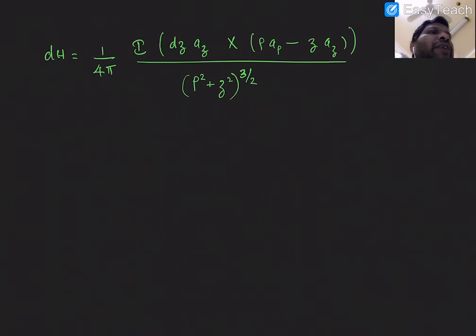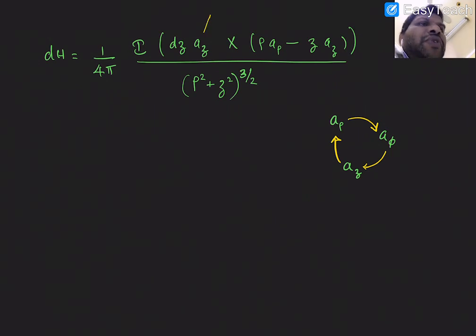Now we will find the cross product. We are using cylindrical coordinates, so we have three unit vectors, a rho, a phi and a z. To find the cross product, you can draw it like this.